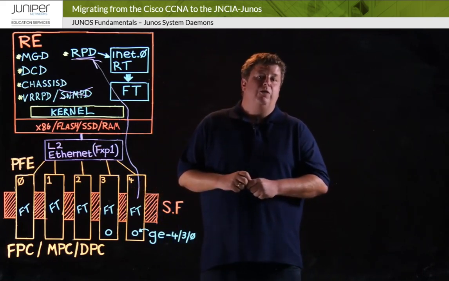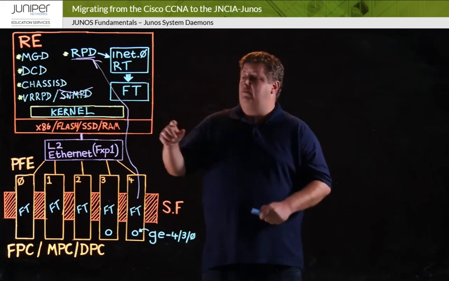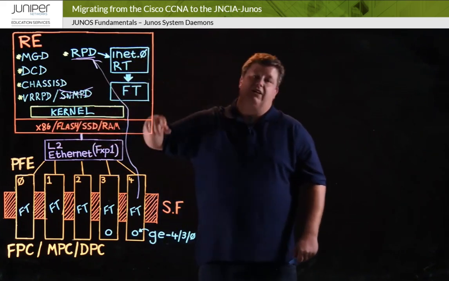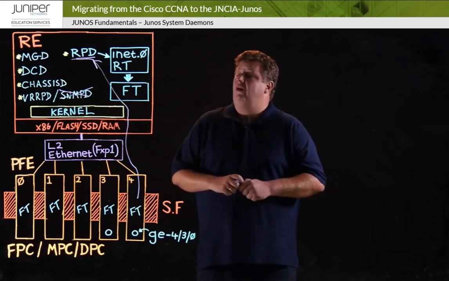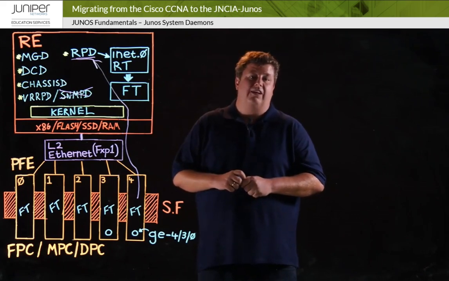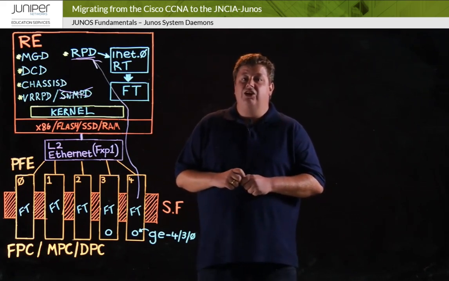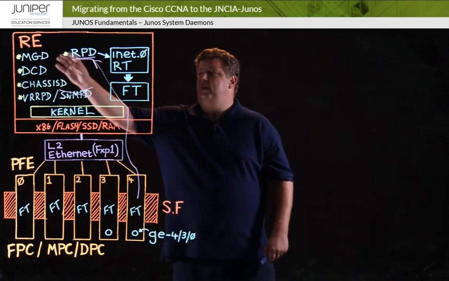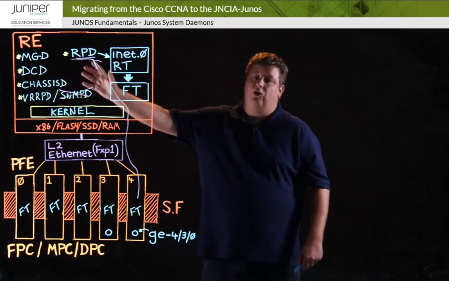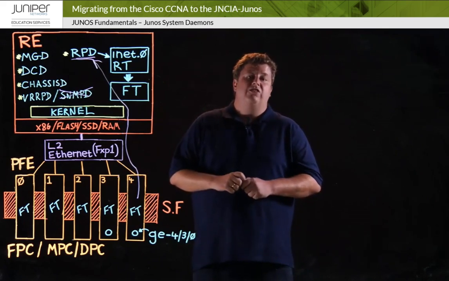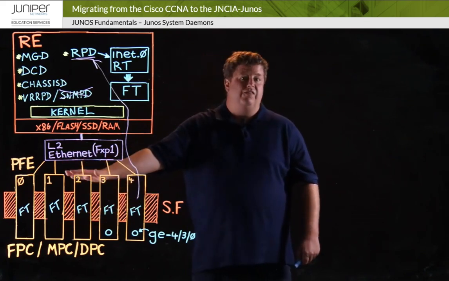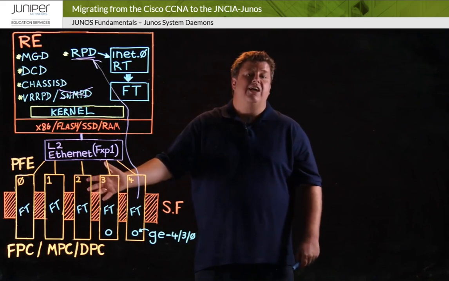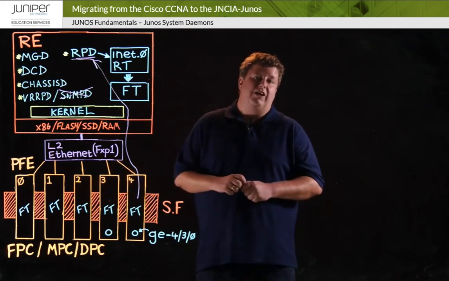Chassis D, another very important process in the system. You can imagine when the box boots, the very first thing that happens is the RE comes online. So it's going to start a FreeBSD kernel. On top of that, start all of our supporting processes. So that init Unix process, the initial Unix process, starting RPD, MGD, DCD, Chassis D, all the rest of it. Once all of that's done, we have the RE online. But the rest of the chassis itself, the physical chassis, the line cards, are yet to be connected and managed by the RE.